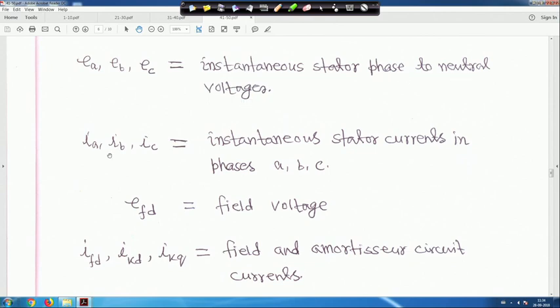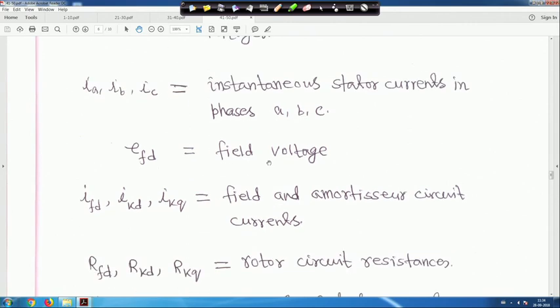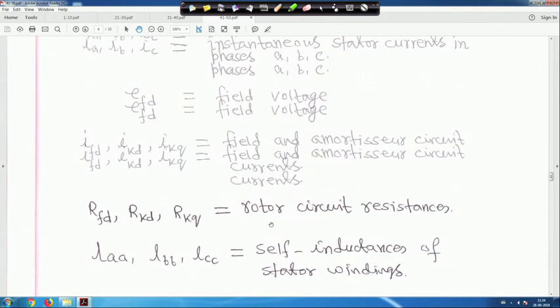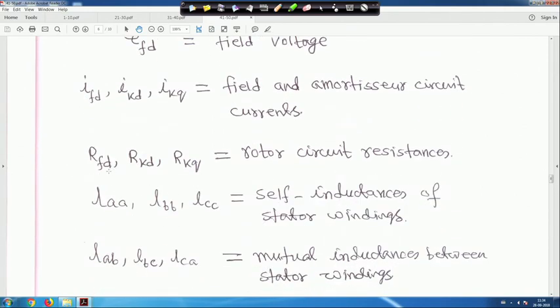IA, IB, IC are the instantaneous stator currents in phases A, B, C. EFD is the field voltage, that is DC. IFD, IKD, IKQ are the field and armature circuit currents. Then RFD, RKD, RKQ are the rotor circuit resistances: field resistance, armature winding on D axis, and armature winding on Q axis.